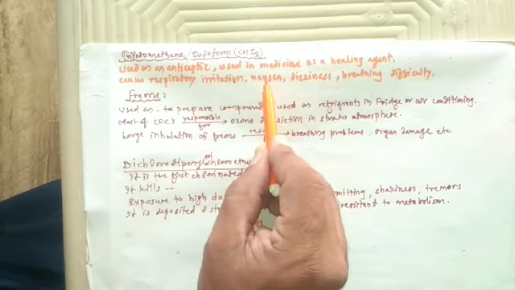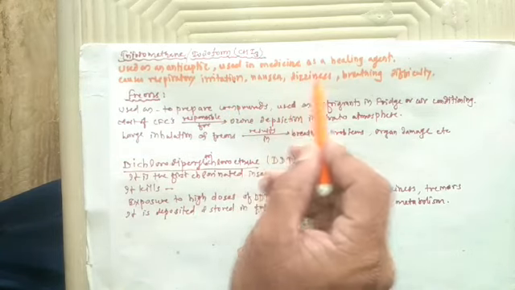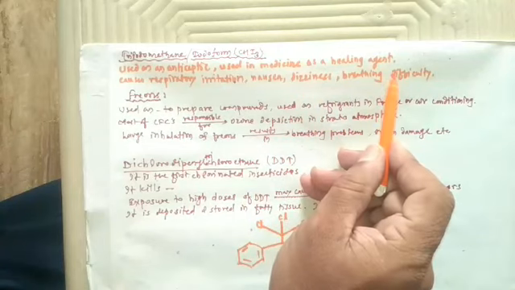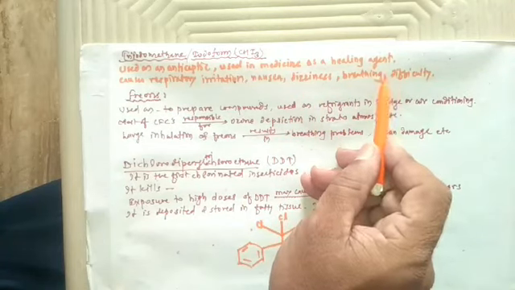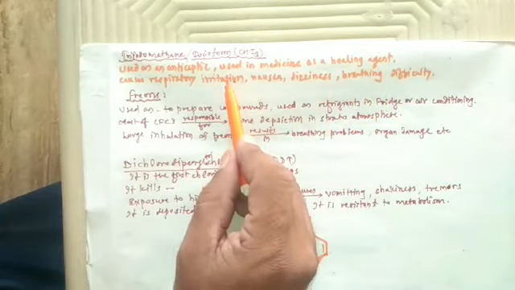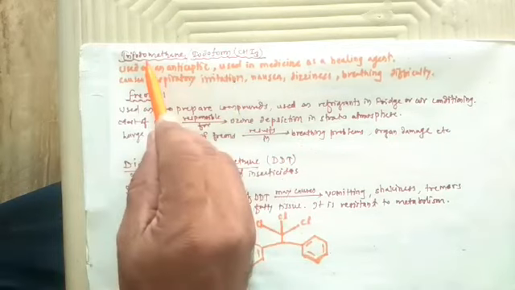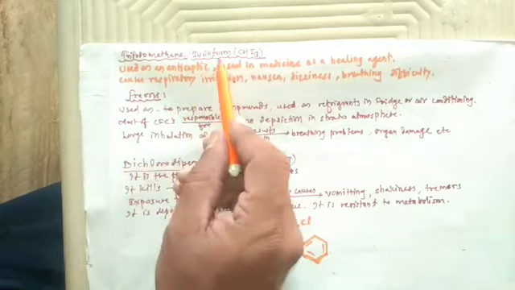It also causes nausea, dizziness and breathing difficulty. So these are the different effects of triiodomethane or iodoform.